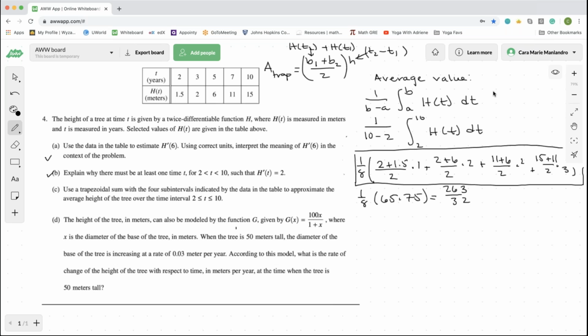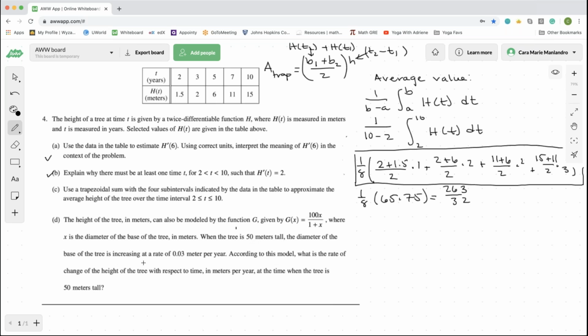All right, does anyone have any questions on part C? Great. Okay, so the height of a tree can be modeled by this function.